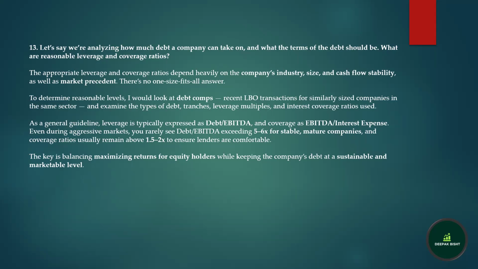So 8 to 9x of leverage in normal markets, you will never see that. No situation exists where you lever a company at 30x or 50x EBITDA. Those are imaginary numbers. Don't overvalue any company. Those numbers are intentionally absurd to show how you understand the market reality. So these are trick questions. Don't fall into the trap of the interviewer.